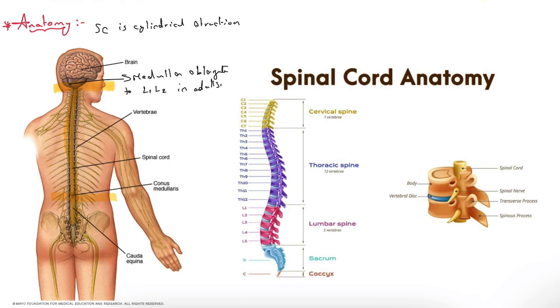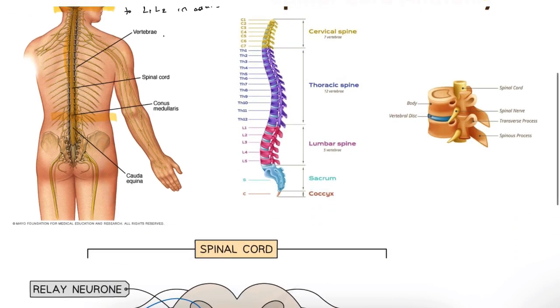Okay, what are the main functions of the spinal cord? Motor control, sensory input, reflexes, and autonomic regulation. Autonomic regulation, sensory input, and motor control, everything we will discuss when I teach the nervous system.